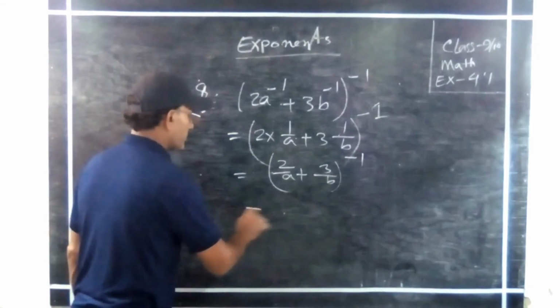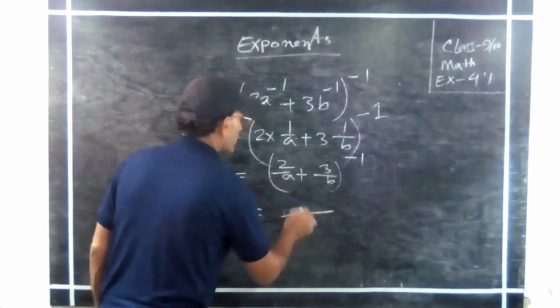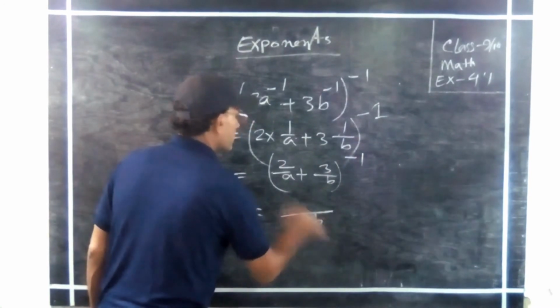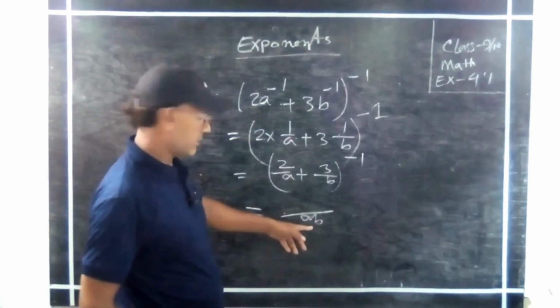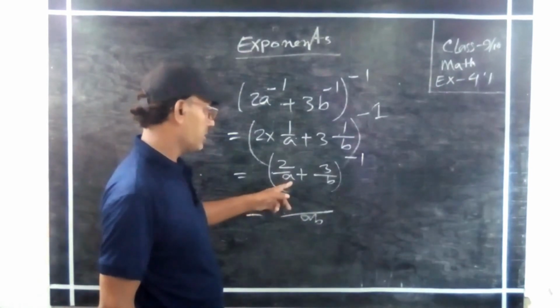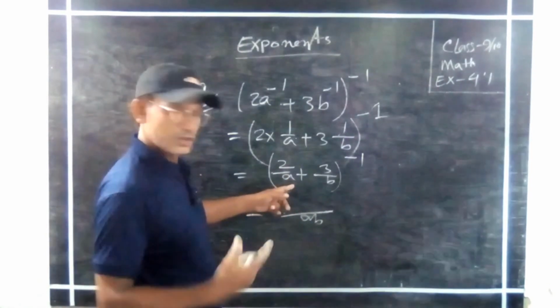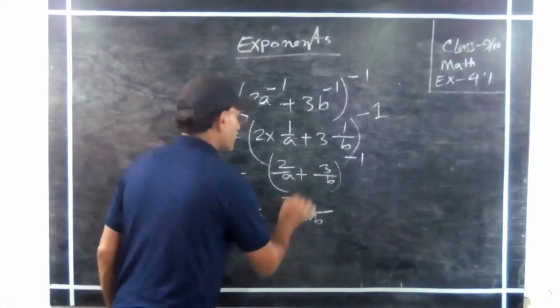See here, we can write here ab. We can divide it, ab divided by a, then rest here b into 2, I mean 2b.